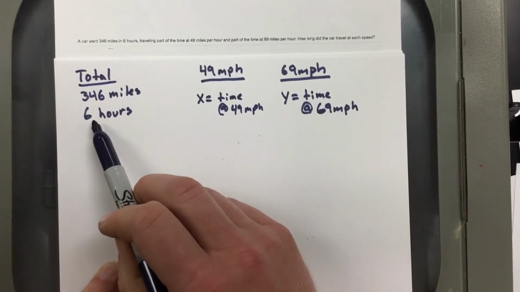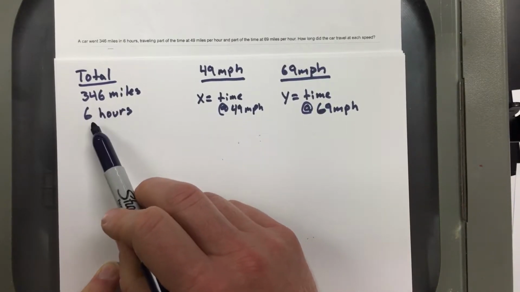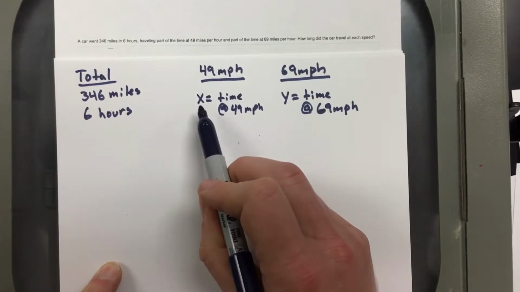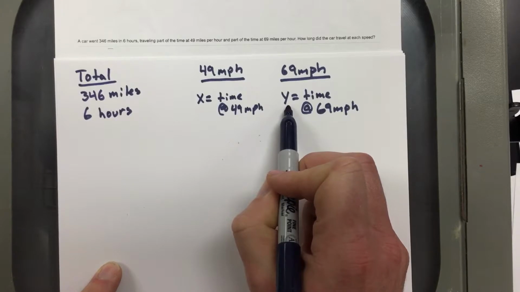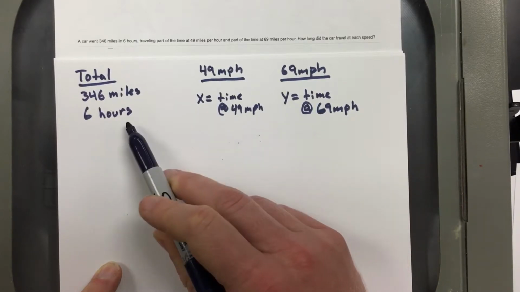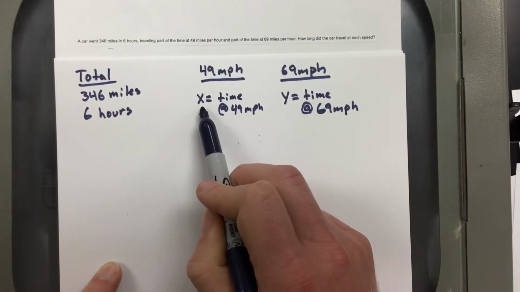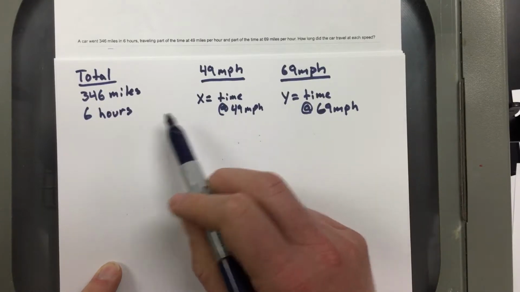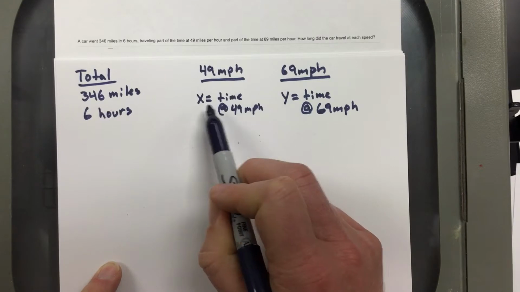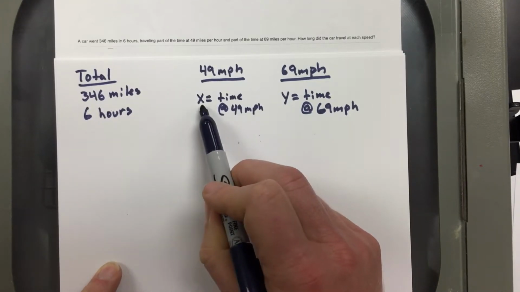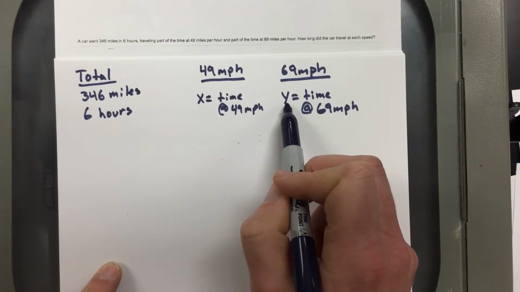Basically, if the total time is 6 hours, let's say we travel 2 hours at 49 miles per hour. That means we would have 4 hours at 69, because 2 and 4 gives you 6. If it's 3 at 49, then it's 3 at 69. If it's 4 at 49 and 2 at 69, that gives you 6. If it's 5 at 49, then it would be 1 at 69.